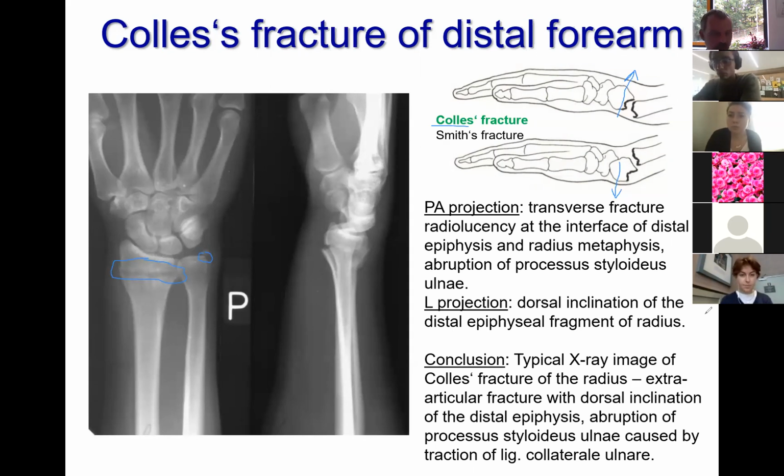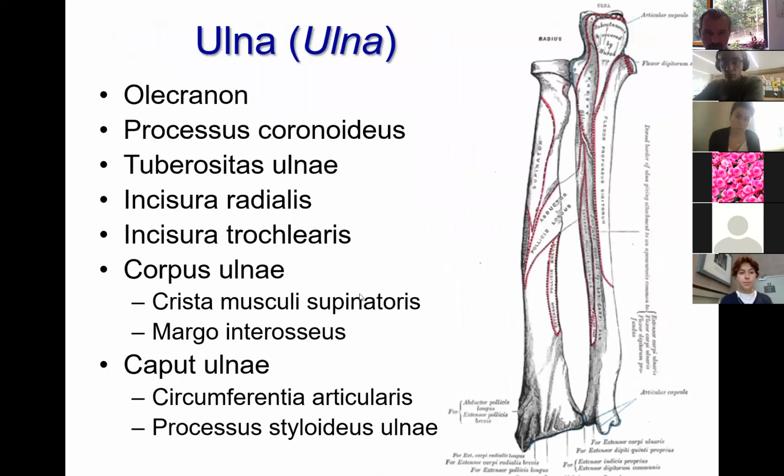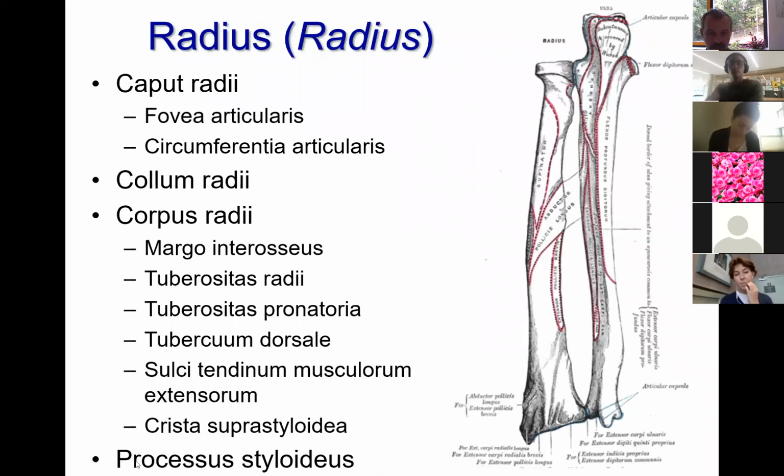But for you now to understand why the anatomy is important: we fracture the distal epiphysis of radius, and we fracture the styloid process, in this most common fracture. So what is a styloid process? Styloid process, as we said, stylos is something like a column and a thorn.